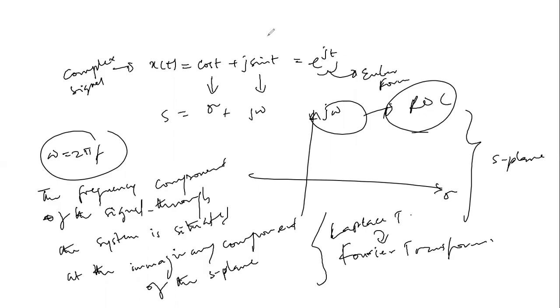Okay, now that the signal S of t is the same as e^jt, then in the S-plane, S of t can be represented as e^st.